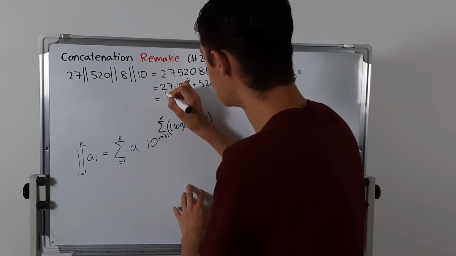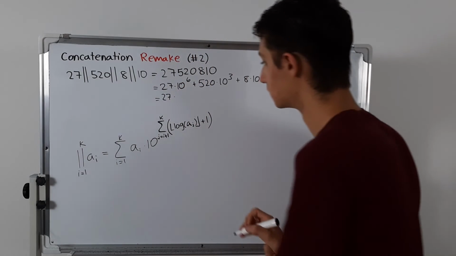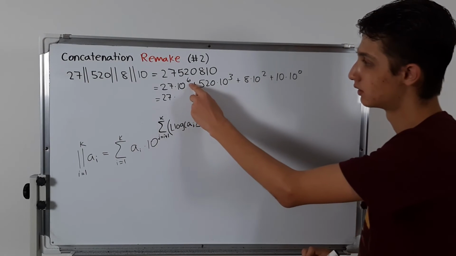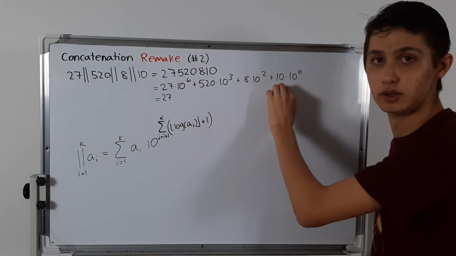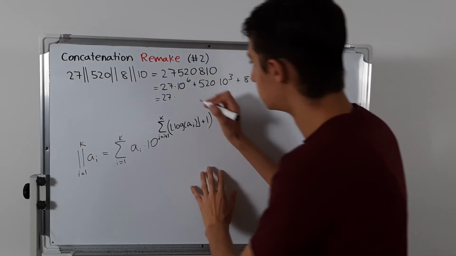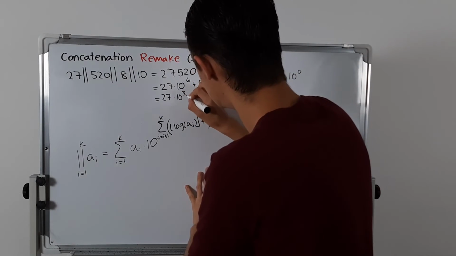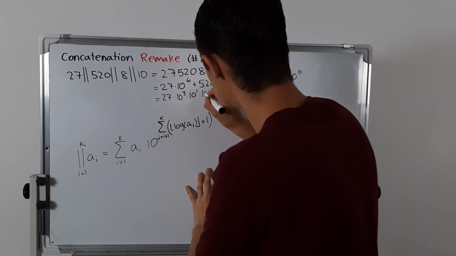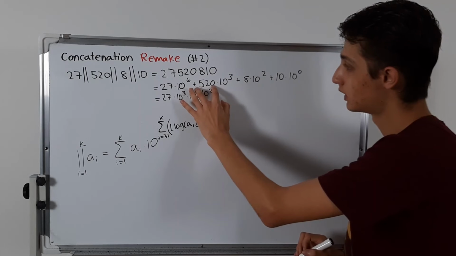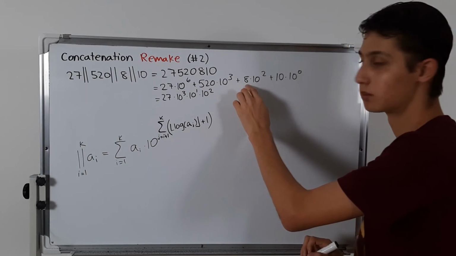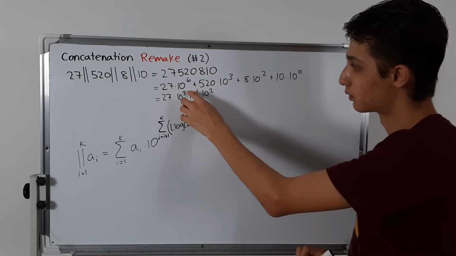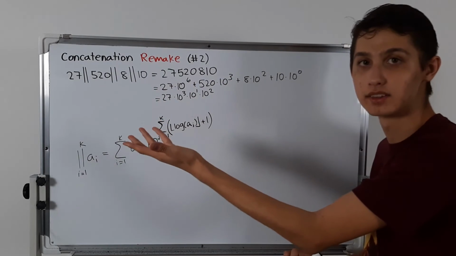We have this 27 here, as usual, and previously we added up these, so 6 equals 3 plus 1 plus 2, but now we're going to have 10 cubed multiplied by 10 to the first times 10 squared. The reason I broke it up this way is because 3 is the number of digits here, 1 is the number of digits here, and 2 is the number of digits here. So in the exponent we'd have 3 plus 1 plus 2, which is in fact 6.